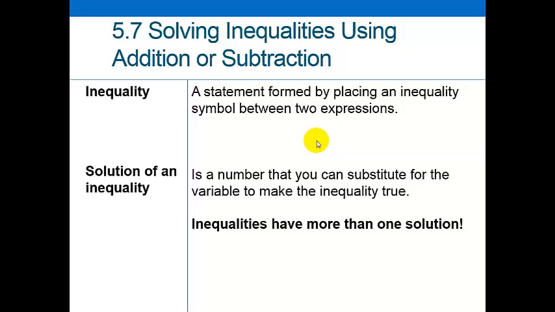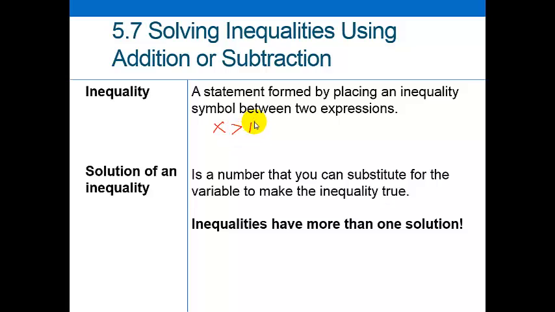So for definition purposes, an inequality is a statement formed by placing an inequality symbol between two expressions. Remember, an algebraic expression is a number, a variable, and an operation. A couple of examples would be like the one that we just saw, x greater than 11.